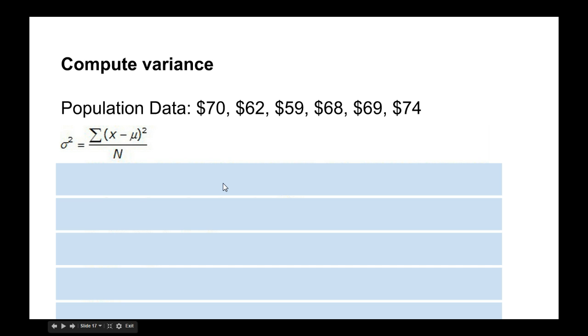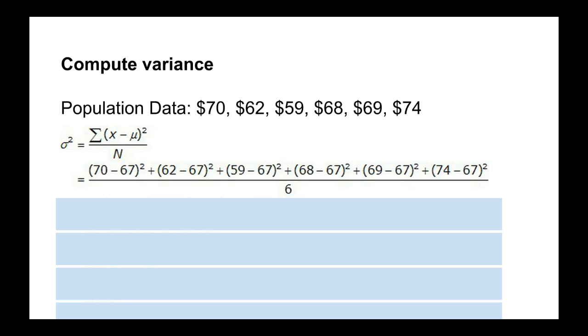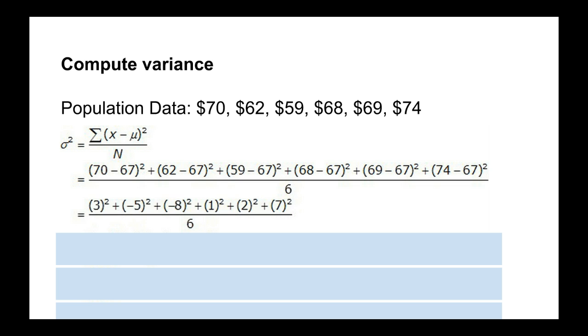And the formula we're working with is sigma squared, so variance is the sum of x minus mu squared, all over capital N, the population size. Now we compute all of our differences, square each one of them, so we get rid of the negative values.